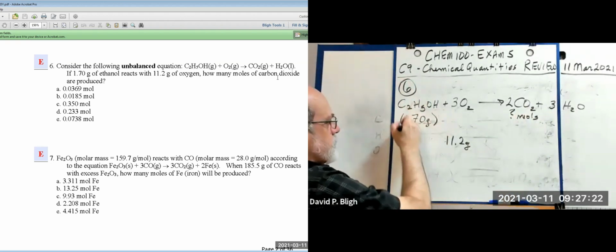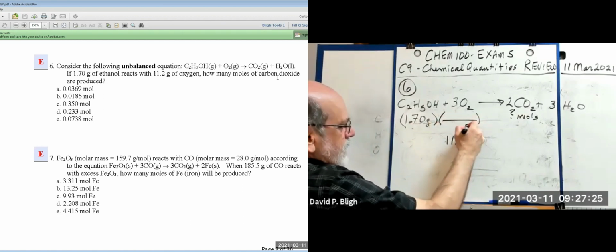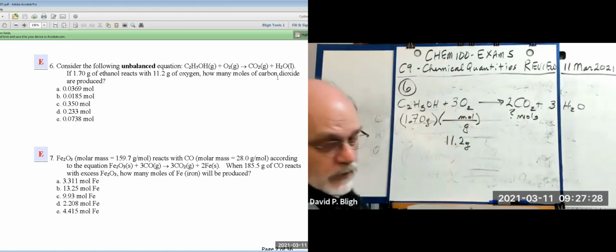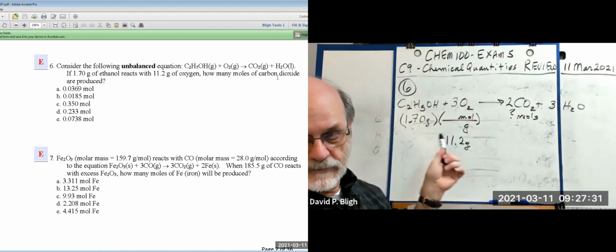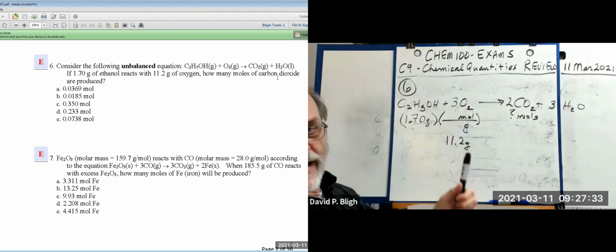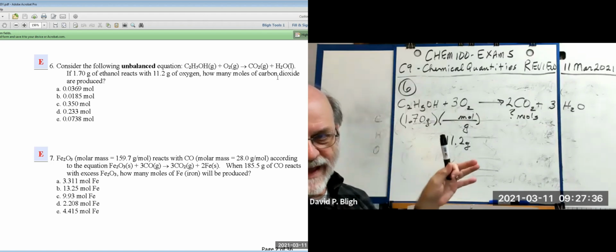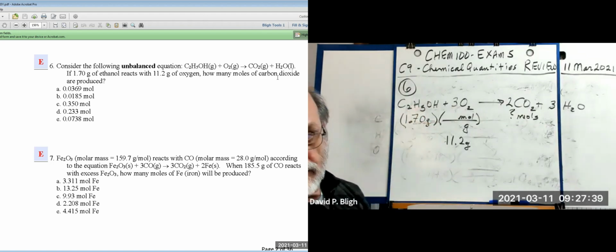So let's take this, and remember we have to make moles. If you don't have moles, you can't go anywhere in an equation. So moles and grams as a quotient always means molar mass. So the molar mass of ethanol is our first target. 2 carbons, 12.01 times 2, then 6 hydrogens, which is 6.06, 6 times 1.01, and then add in 1 oxygen, 16.